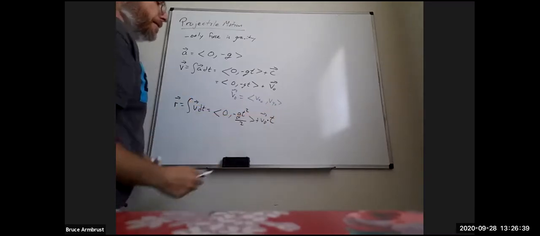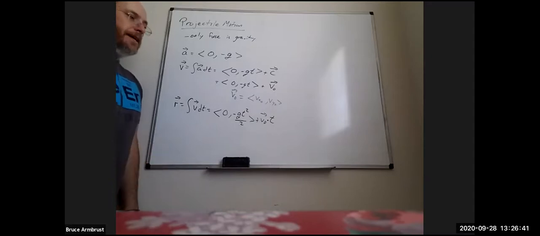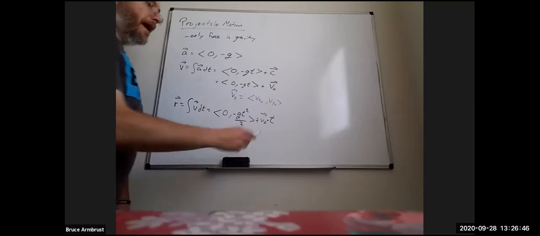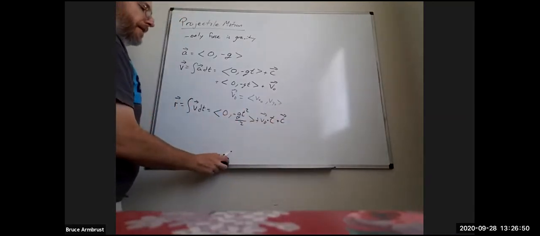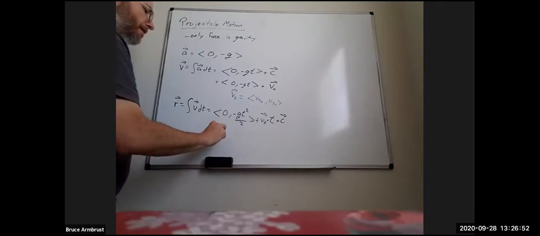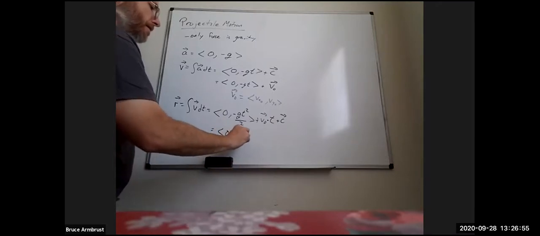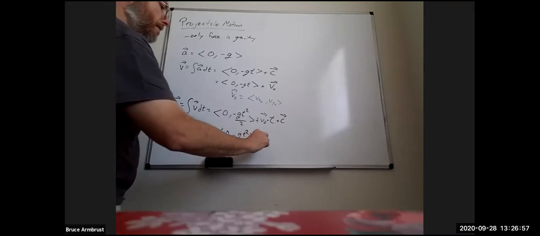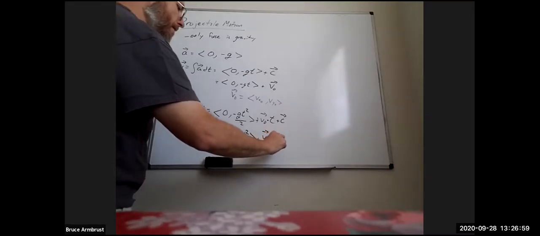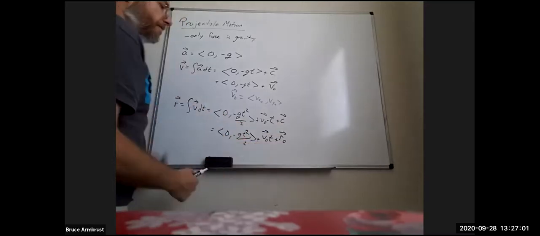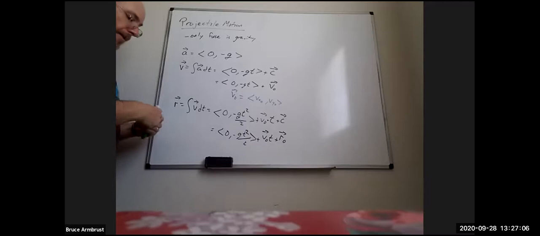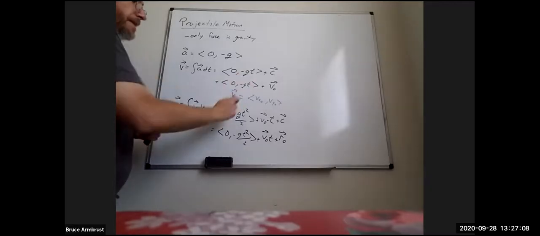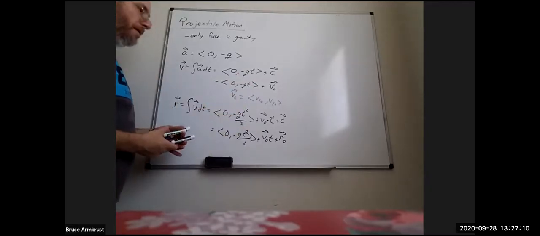So I'm going to be able to write here just v naught times t. And then I have to add another constant vector, I'm going to call it r naught. Just like v naught was our initial velocity, r naught is our initial position.